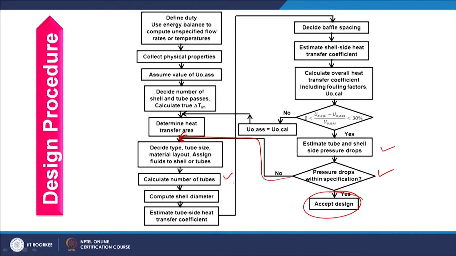So, these are different steps which we can use to find out shell side heat transfer coefficient, and so these are different steps which we can use to design shell and tube heat exchanger considering Kern's method.